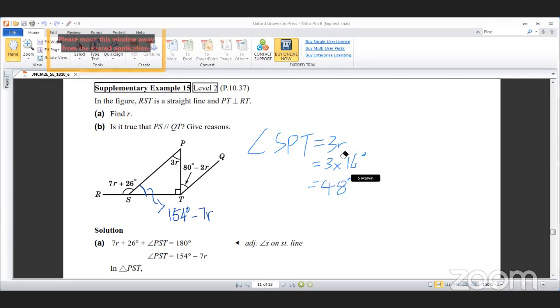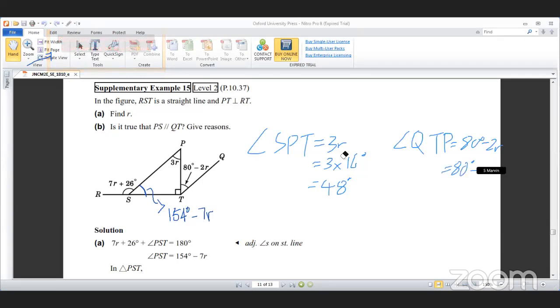Okay, what is he checking? Angle PST 40 degrees, and then QTP 80 degrees minus 12.